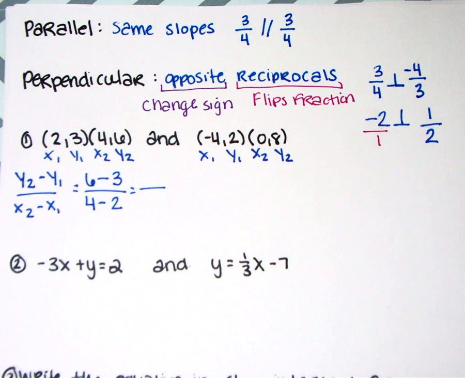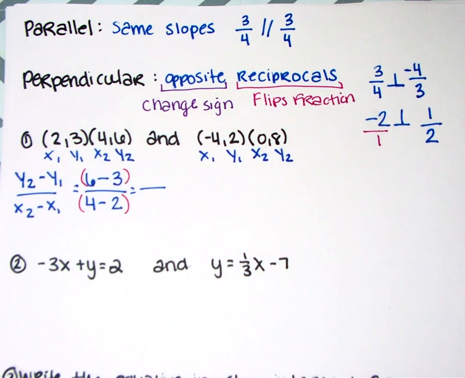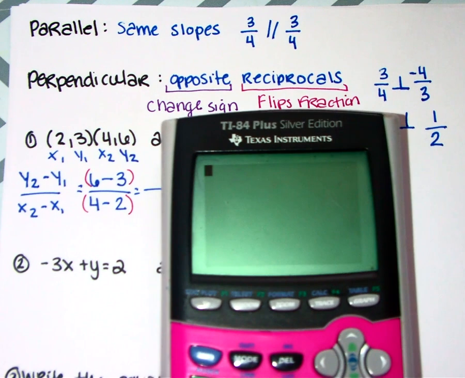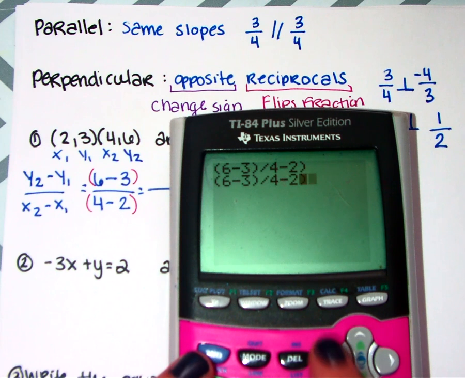You are more than welcome to type this directly into your calculator. Just make sure if you do, you put the top in parentheses and the bottom in parentheses. So we're going to go ahead and do parenthesis 6 minus 3, close parenthesis, divided by 4 minus 2. It would probably help if I closed the parentheses the right way.